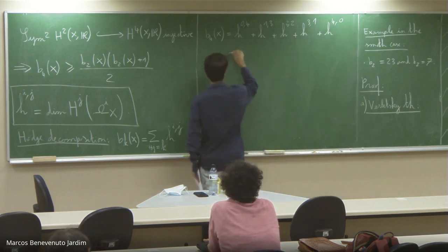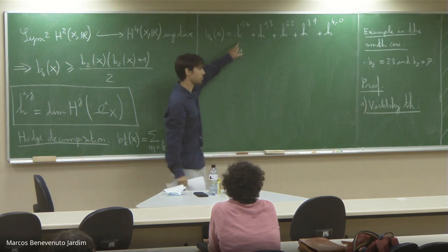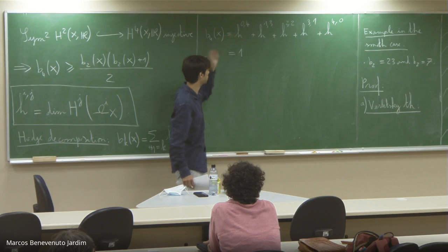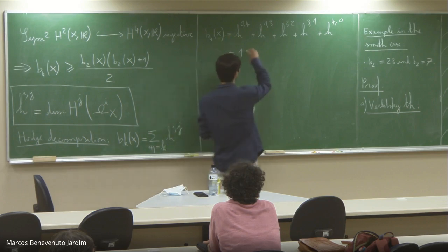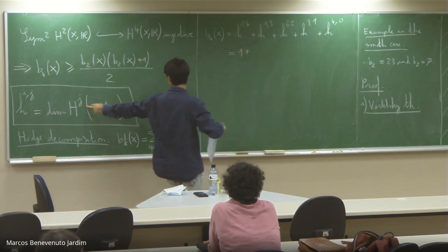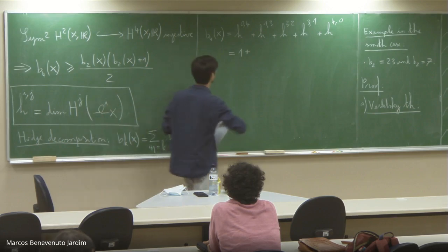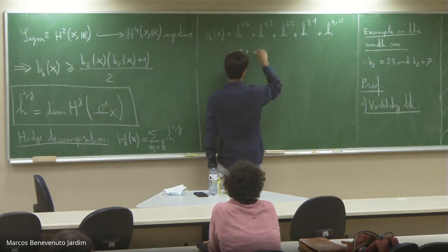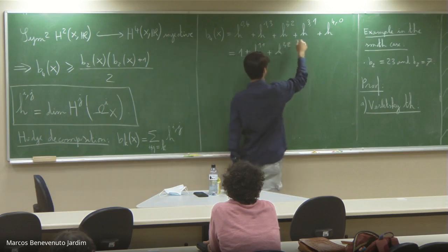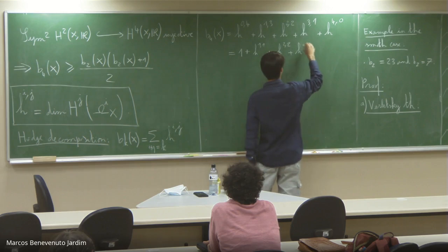But this will be always 1, because we're in the symplectic case, so this is the holomorphic 2-form, the exterior square of it. And h13 will be isomorphic to h11 in the symplectic case, so this will be h11. h31 is the same, this one also will be h11.